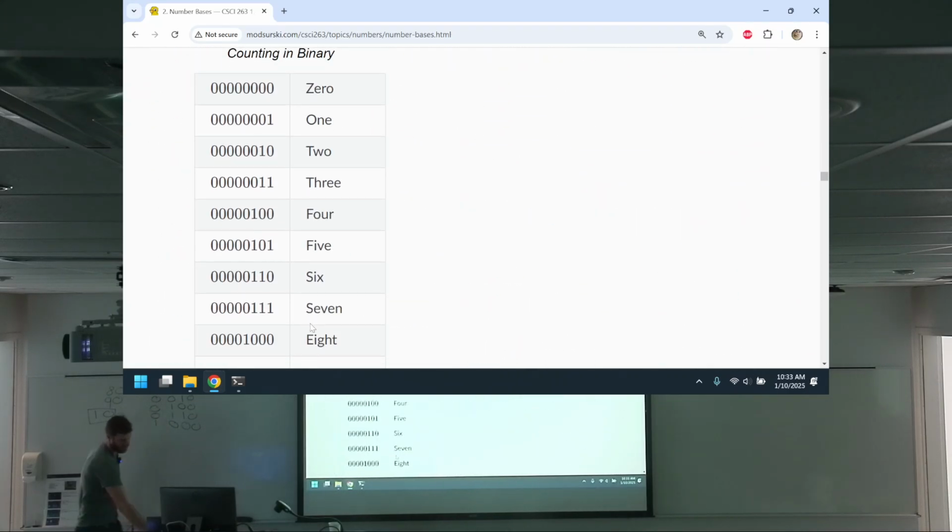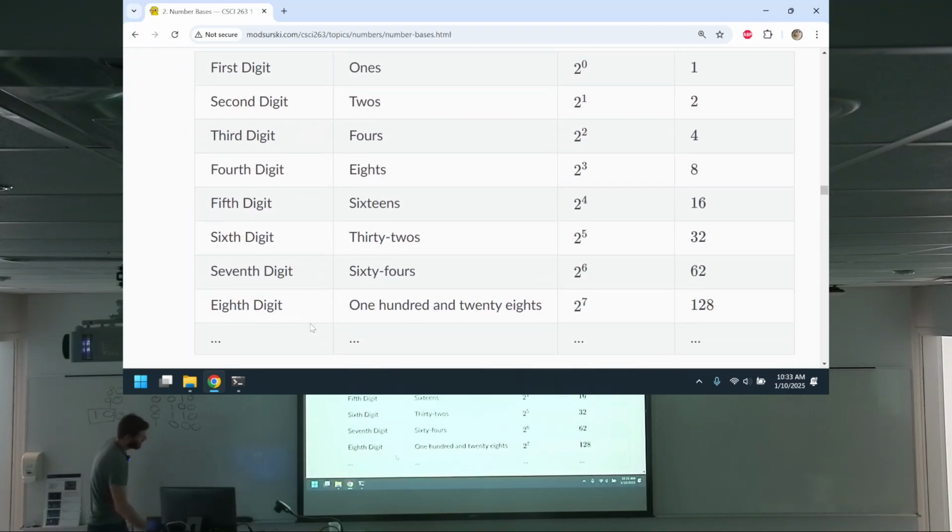The same idea is there for binary, but we've got the 1s, 2s, 4s, 8s, and so on. It goes up by multiples of 2, multiples of the base. In decimal, multiples of the base are 1, 10, 100, 1,000, and so on. In binary, 1, 2, 4, 8, and so on.